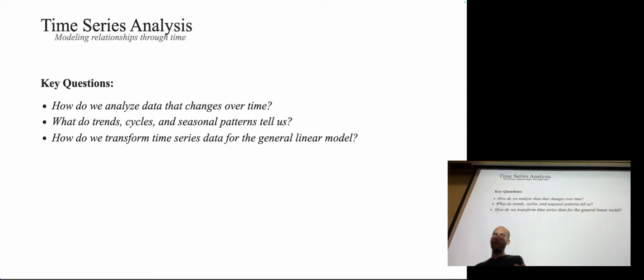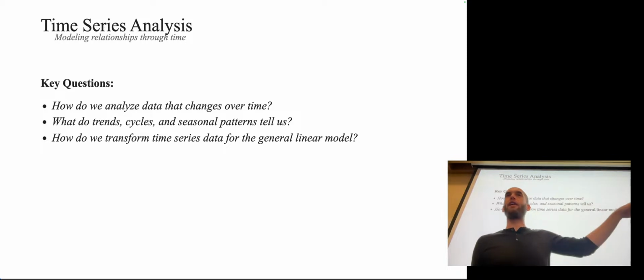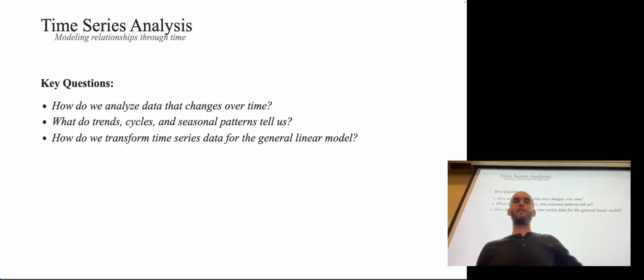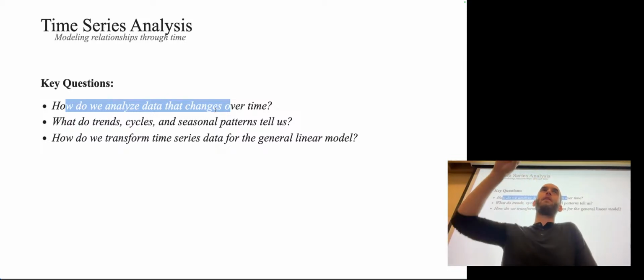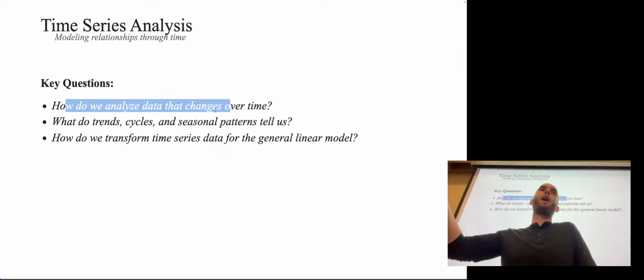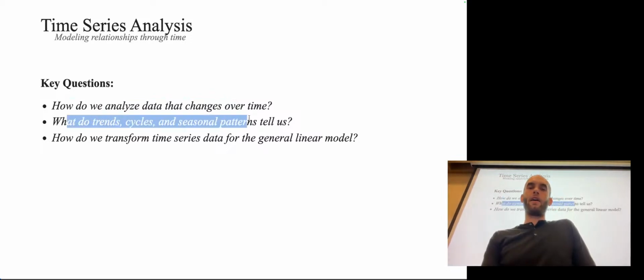So we have basically 3 key questions. One is, what are the main challenges with working with time series data? How do we actually analyze data that's related through time? I'm going to give you some pictures for why this stuff is hard. And then how do we extract seasonal patterns?